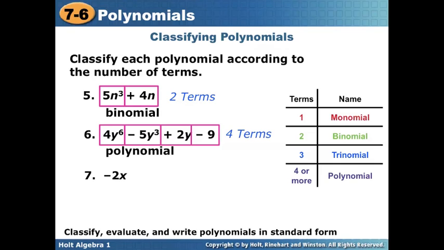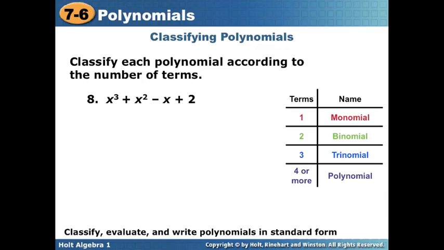Example number 7. Negative 2x. Here we only have one term, so it would be called a monomial. Example number 8.